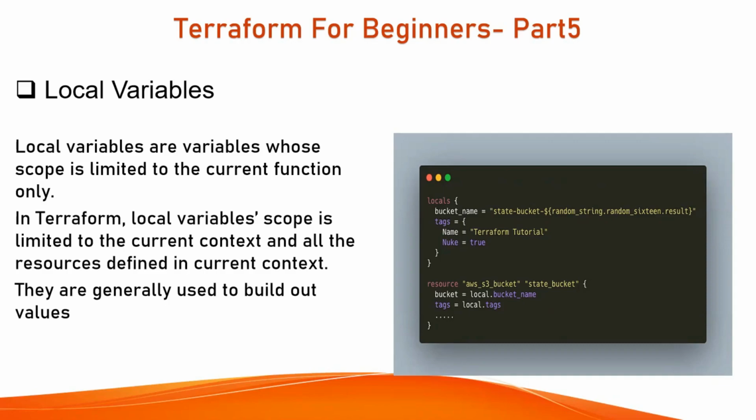If you want to declare a local variable, you need to define something called locals. In that, you will have a bucket. You have defined a name called bucket name, and you have given some tag. And if you see, we are calling the resource called aws_s3_bucket.